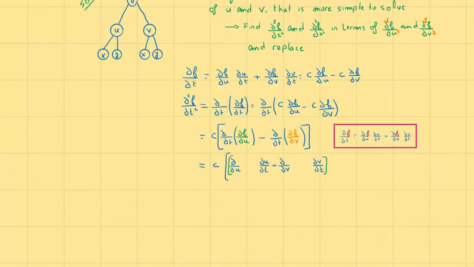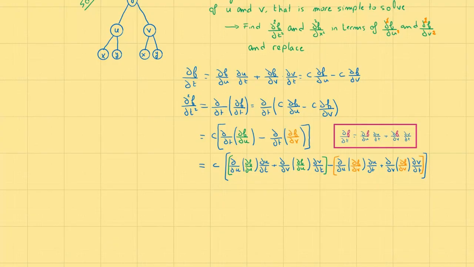So this will give me d over du times du over dt plus d over dv times dv over dt of, as I said, instead of f I will put df over du. Then another time minus the same formula, but instead of the red f I will put the orange df over dv. It will replace the function f.